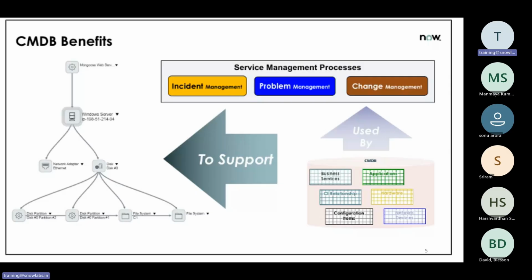Orphan CI means any CI without any relationship. So ServiceNow always supports relationships. If you find any CI without relationship, the best practice is to ask the client either to provide a relationship, and if it is a standalone CI, then we should not keep it.